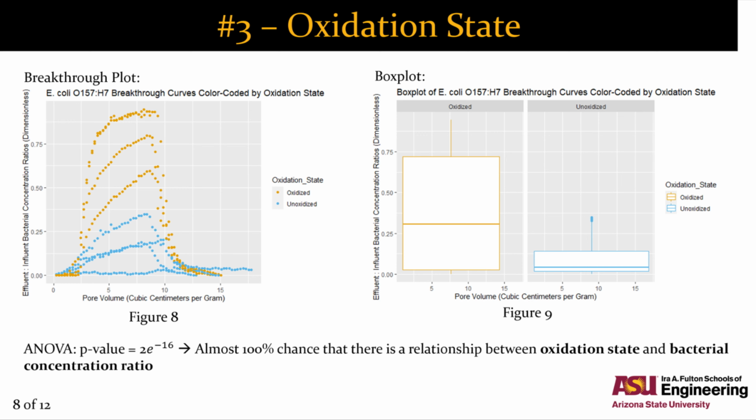The null hypothesis is that there is no relationship between oxidation state and bacterial concentration ratio. Therefore, there is almost a 100% chance that there is a relationship between oxidation state and bacterial concentration ratio, and unoxidized biochar is definitely more suitable than oxidized biochar as a biofilter for the bacteria.